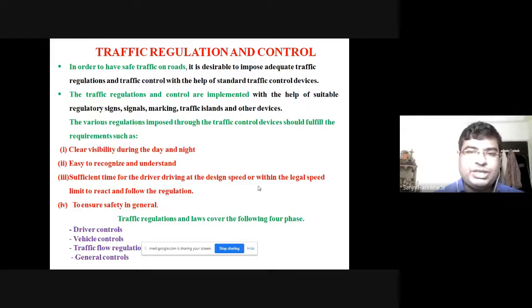These are the most important regulatory systems: sign, signal, marking, traffic island and other devices. In a rotary or in a chowk, where some traffic is diverted, that is called a traffic island.